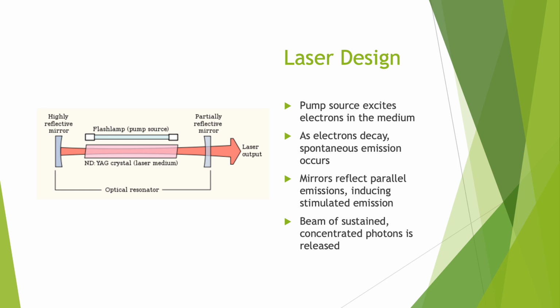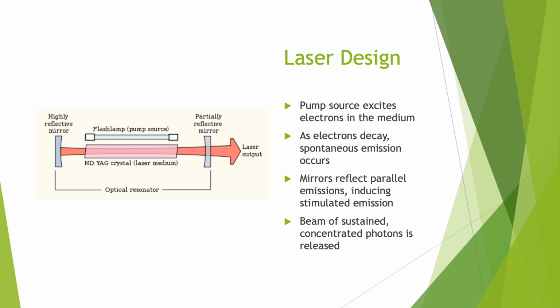Those electrons are being excited by the pump source, and as they become excited, of course, with time, they're going to decay, and as they go back down to a lower level of energy, they're going to spontaneously release a photon of light. And as that's happening, you're going to see lots of spontaneous releases of photons in just random directions, shooting out in all directions. And most of those aren't going to be particularly useful.